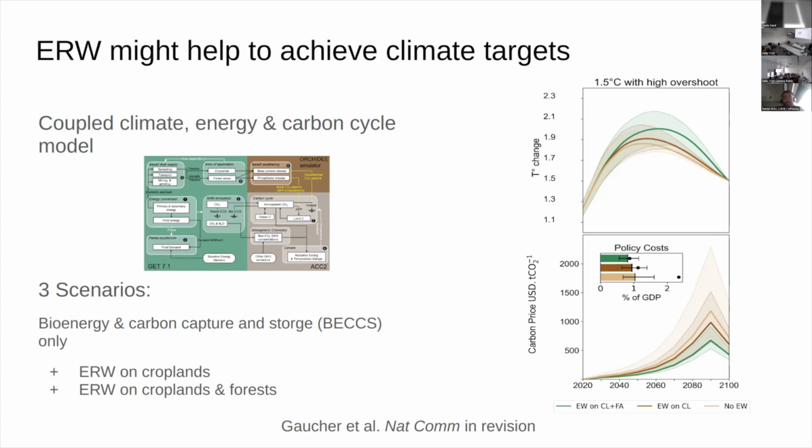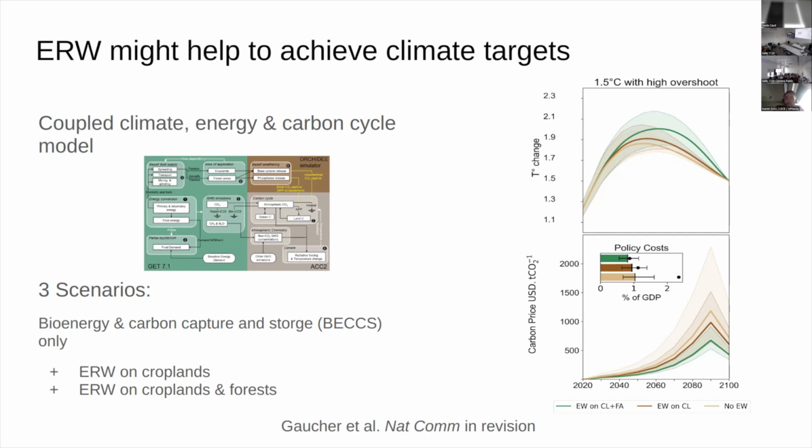And what we found is that enhanced weathering alone is not sufficient to keep warming below 1.5 degree, but it can help to reduce the amount of BECCS we need. It also allows for a larger overshoot. You can see the temperatures here, they're overshooting the warming target because it's close to unrealistic that we actually stay during the whole period below 1.5 degree warming.